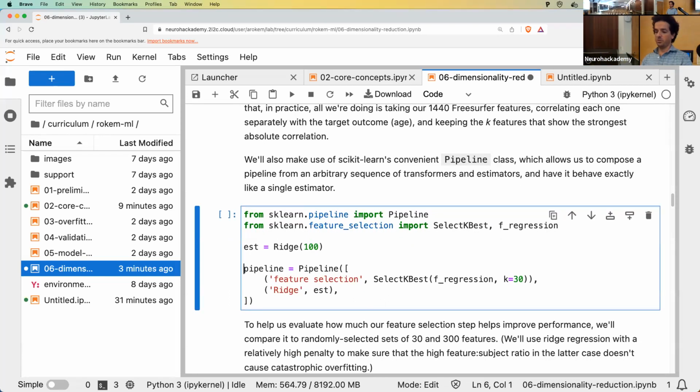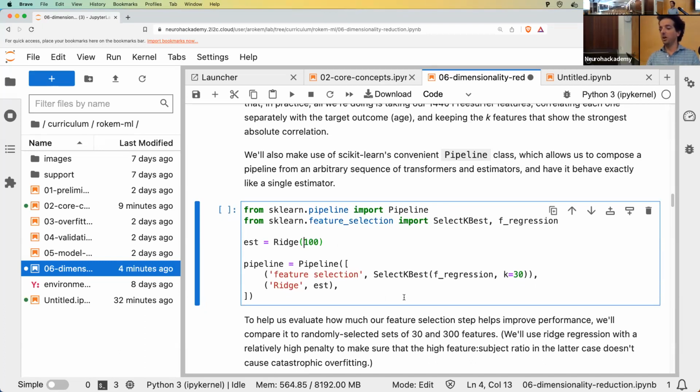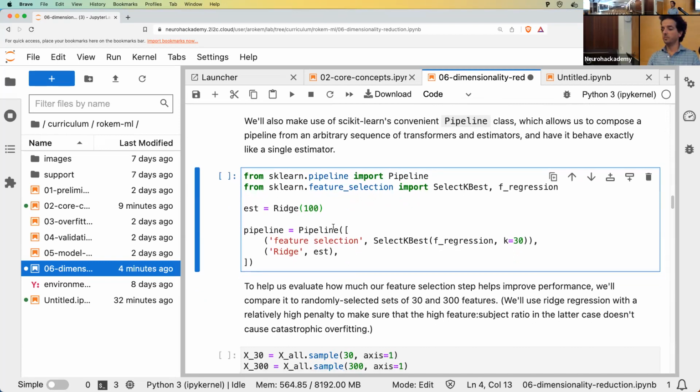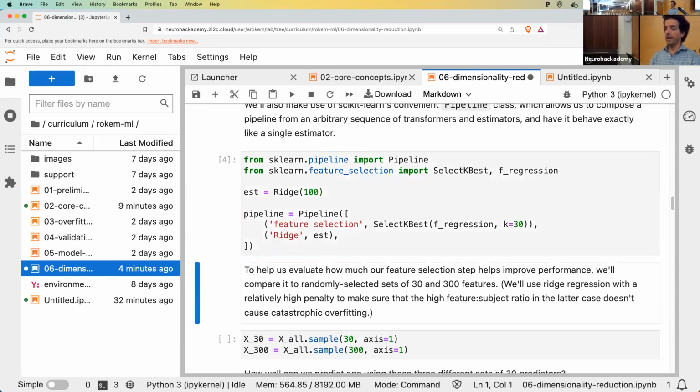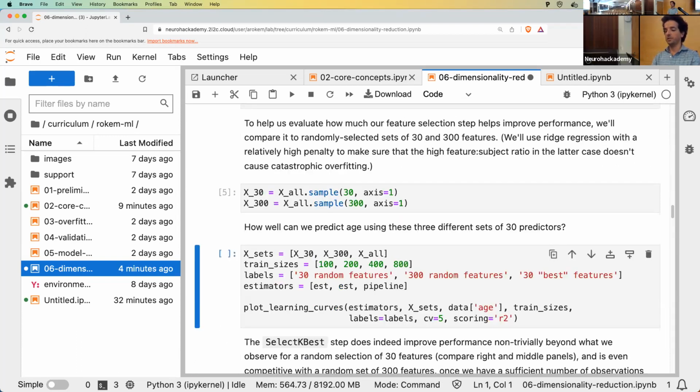We're doing Ridge with, I think alpha is 100 here. Very, very regularized regression. And we can compare that to selecting some random sample of 30 or 300 features instead.